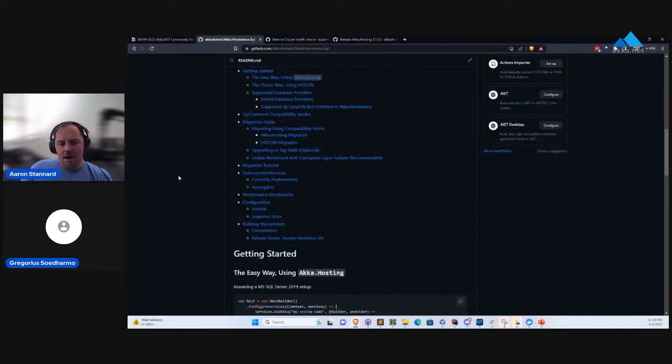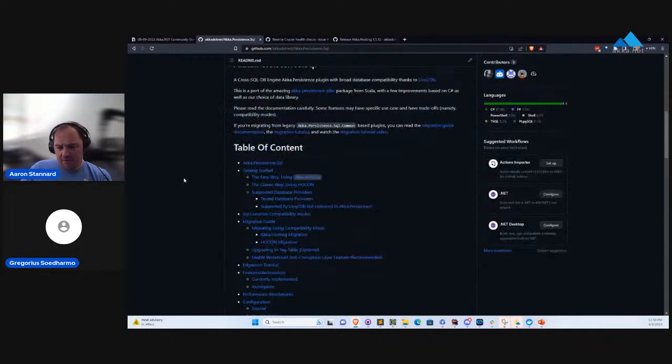Okay, good. It does use LinqToDB under the covers. So the one thing you will need to do a little bit differently when you are installing the NuGet packages is, in addition to installing the Akka.Persistence.Sql NuGet package, you'll also need to install the appropriate NuGet package that contains the database drivers you need for your distribution. So that's going to be the SQL client package for SQL Server, and that might also include things like Npgsql for Postgres.